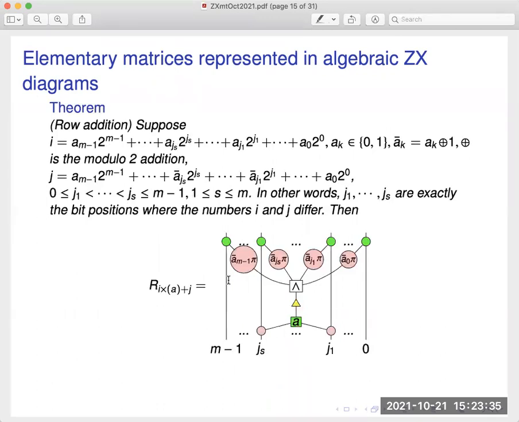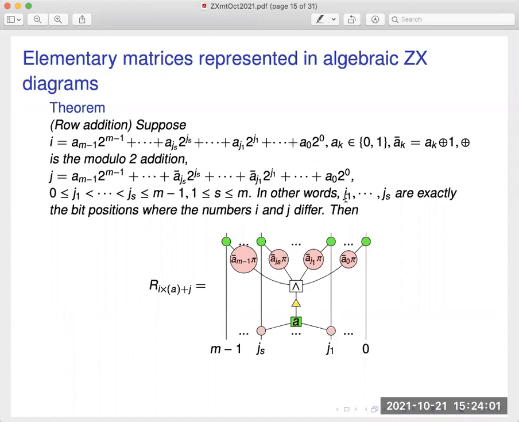Because it's from I to j, I and j should be different, so there must be some bit positions where I and j are different.